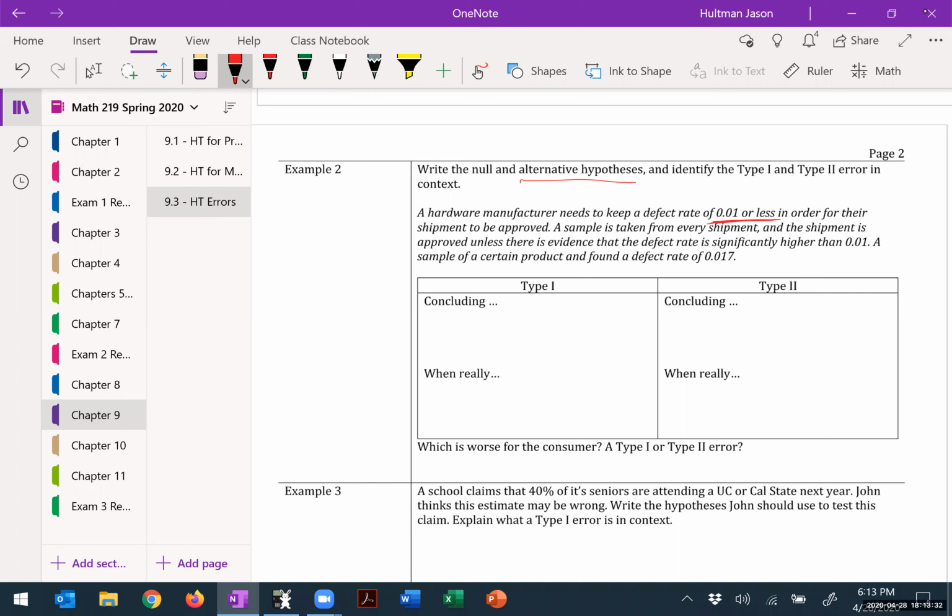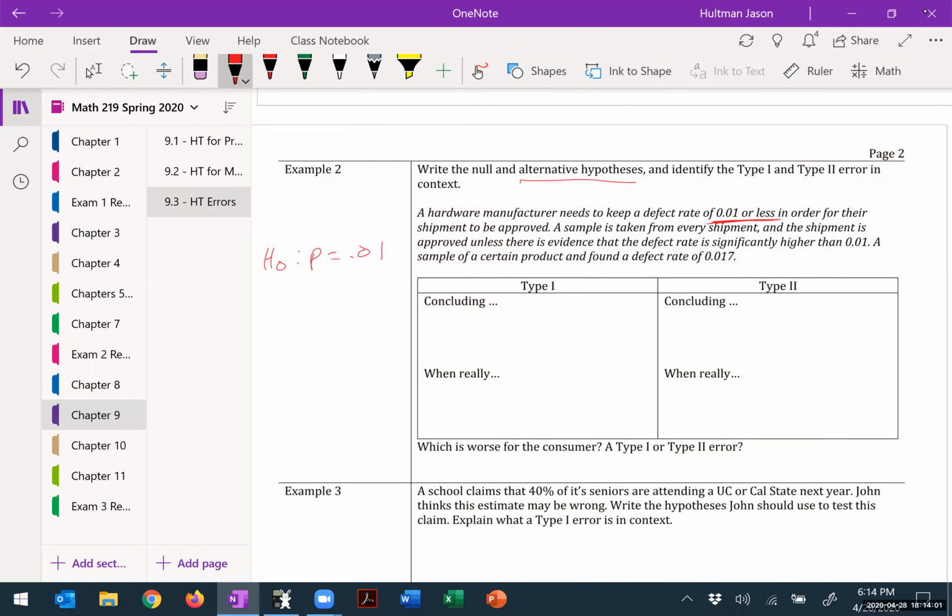Okay, a sample of a certain product found a defect rate of 0.017. So that's what I would be testing against. We need a defect rate of less than 0.01. So we're going to make the null p equals 0.01.